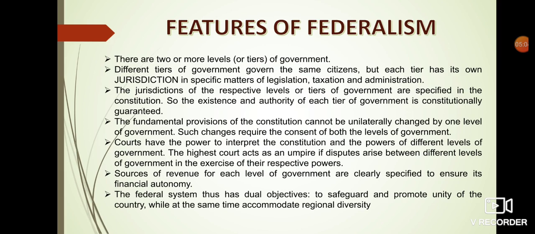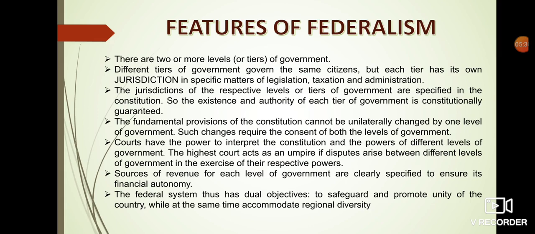So if any changes are required, the central government cannot dominate any changes in the Constitution. It has to take the consent of state governments also. Courts have the power to interpret the Constitution and the powers of the different levels of government, and the high courts act as an umpire for all the rest of the courts.